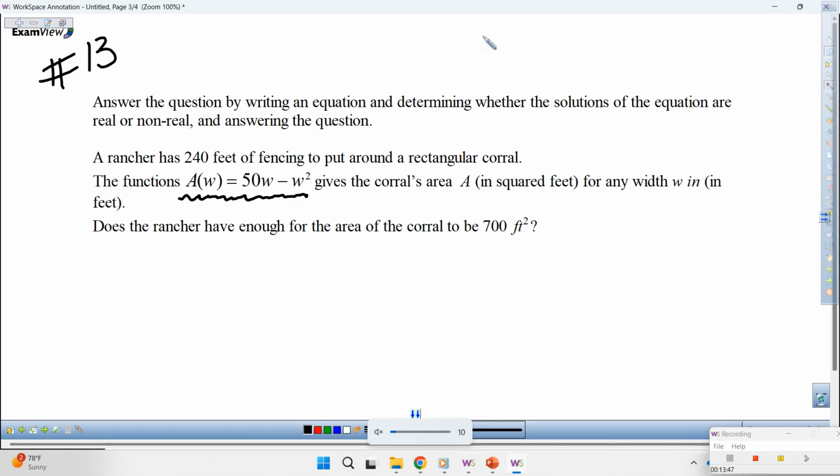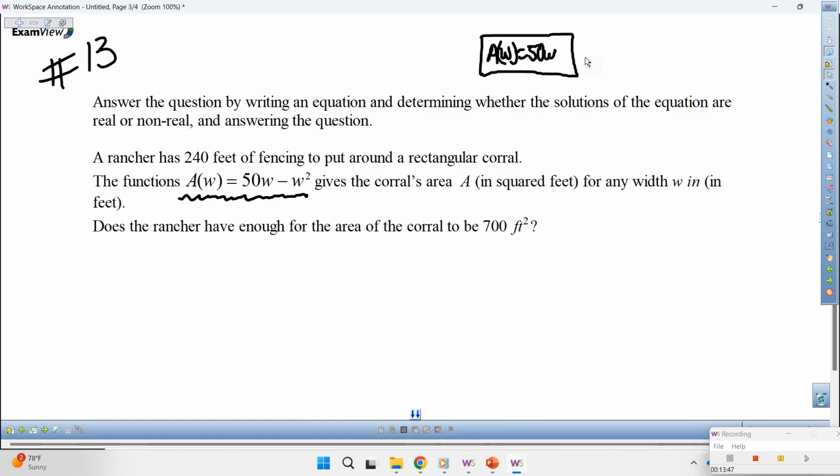So, to picture it, just draw a little rectangle, and then write A of w equals 50w minus w squared. That's our corral, rectangular, and that's the area.